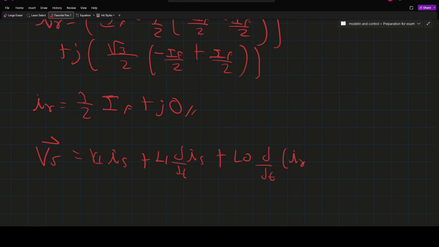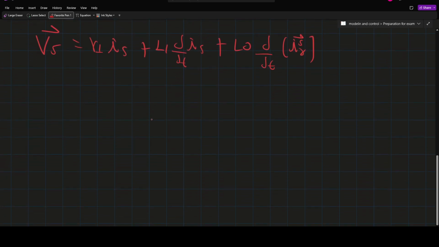And we have here our rotor current in our stator reference frame. So we need to pass this into our rotor current in our stator reference frame.